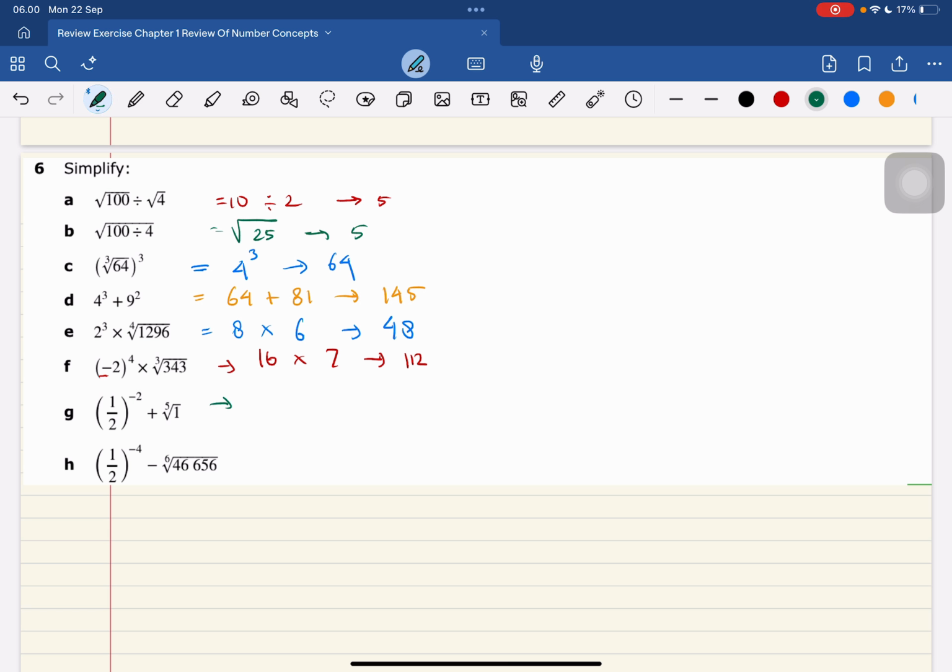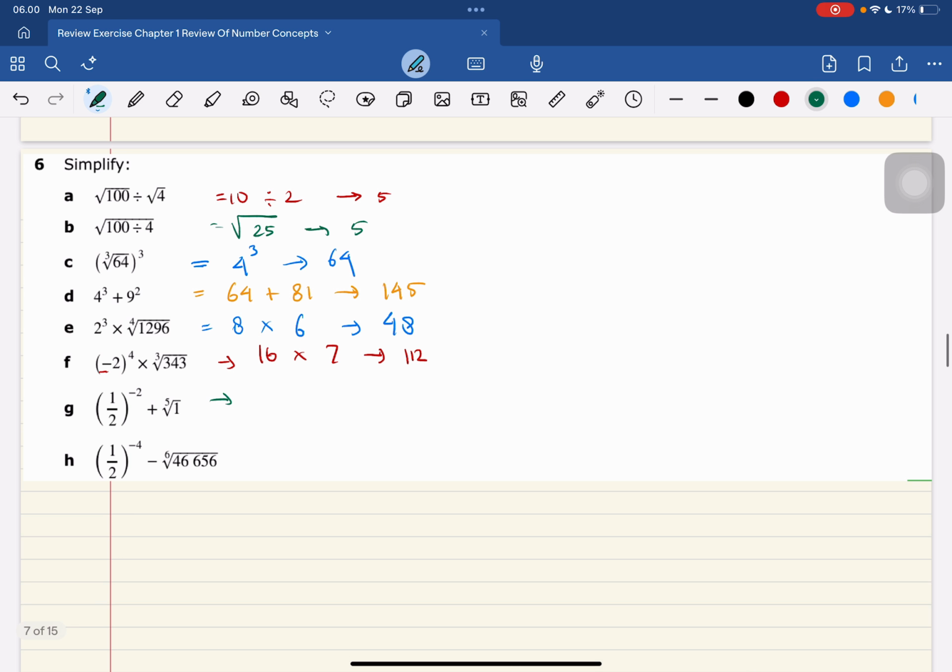Next question. Okay, 1 over 2 to the power of negative 1. So we just flip it. It's going to be 2 over 1. So let's write it 2 to the power of 2. And then plus, okay, we know the answer is 1. So 2 squared is 4 plus 1, which gives us the answer of 5. Next, 1 over 2 to the power of negative.